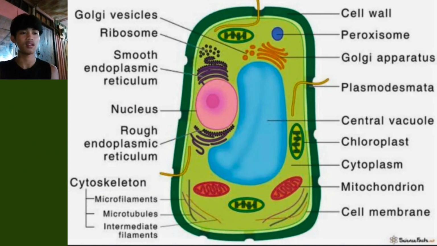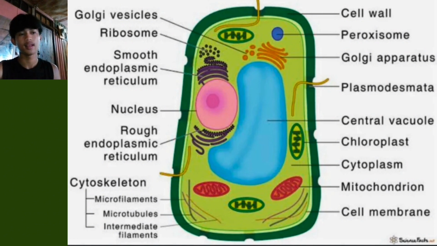So it means the chloroplast is responsible for taking light energy and converting carbon dioxide and water. The chloroplast has a big responsibility in the plant cell.